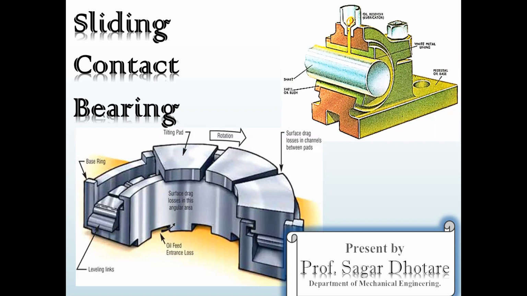In this lecture, we will discuss the different types of journal bearing. What is a journal bearing? How is lubrication done in a journal bearing? And the comparison between rolling contact and sliding contact bearing.